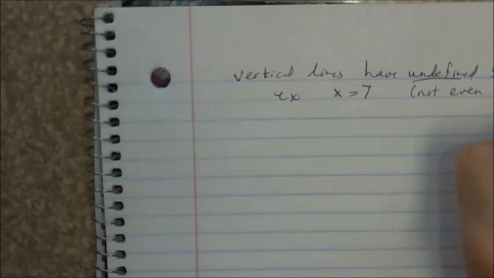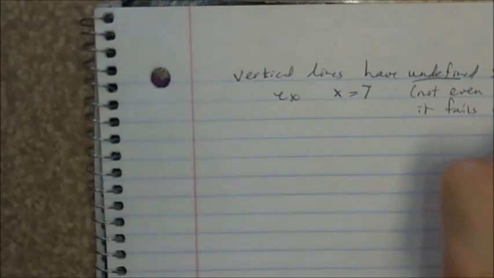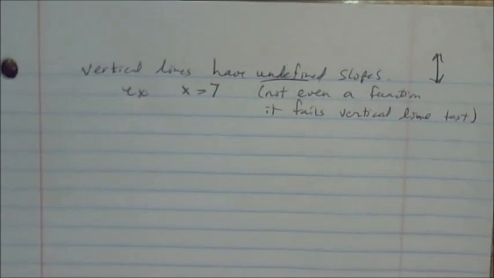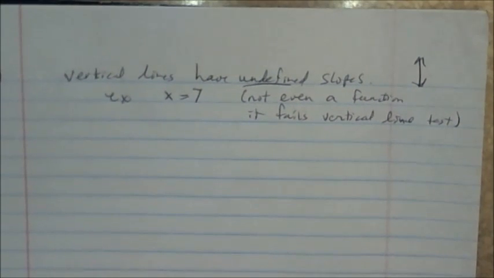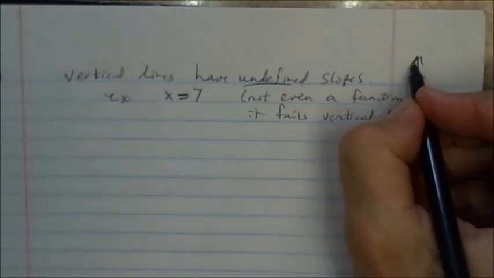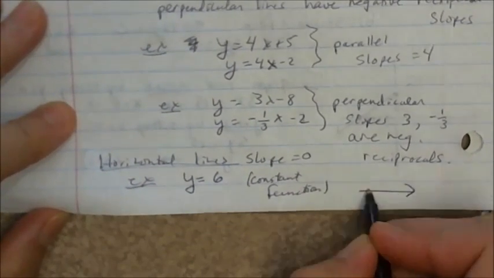So it's not even a function. It fails the vertical line test, if you remember that, hopefully. So vertical lines are up and down. Horizontal lines are like the horizon. Horizontal lines go like this.